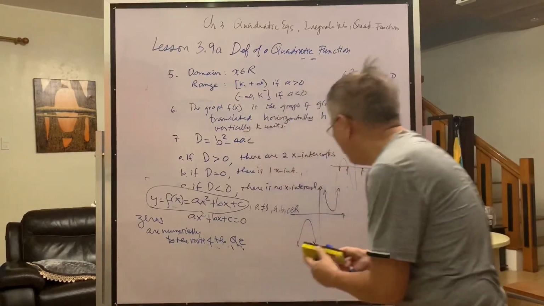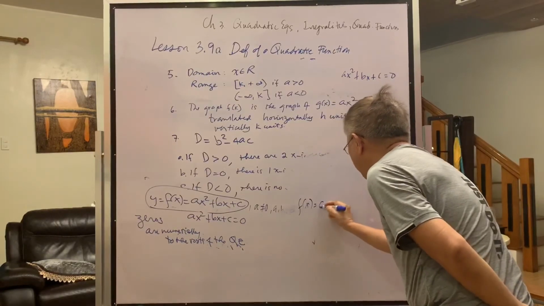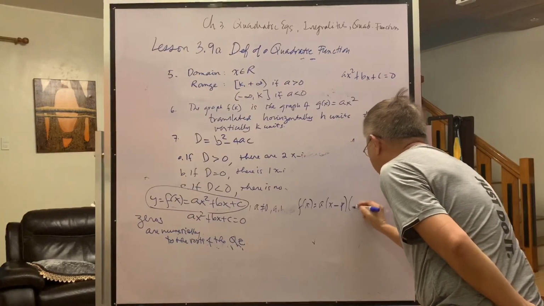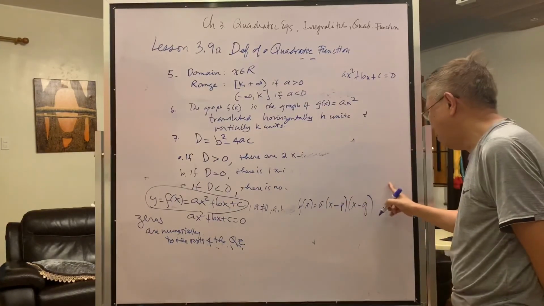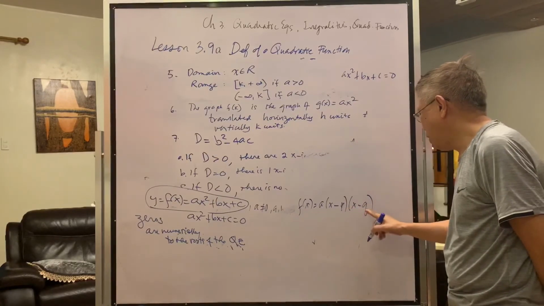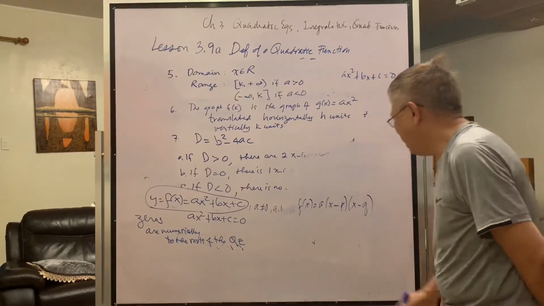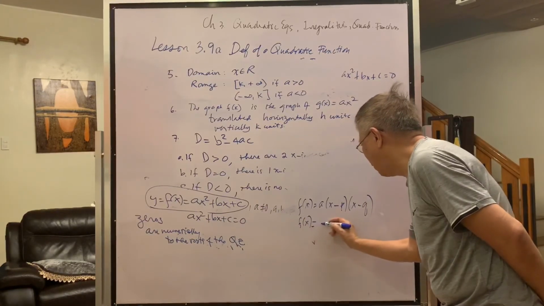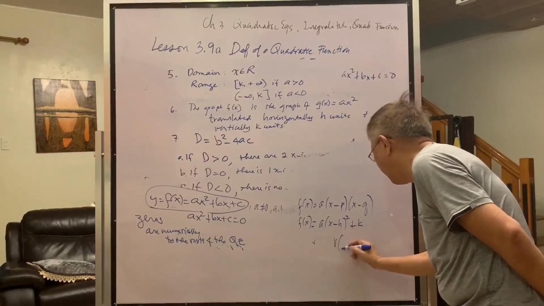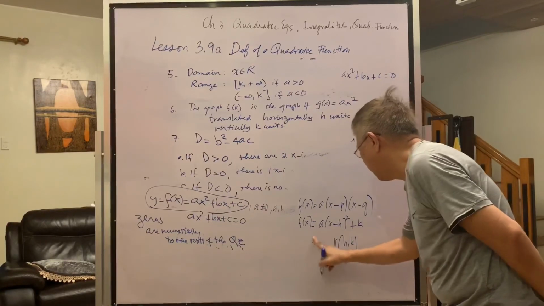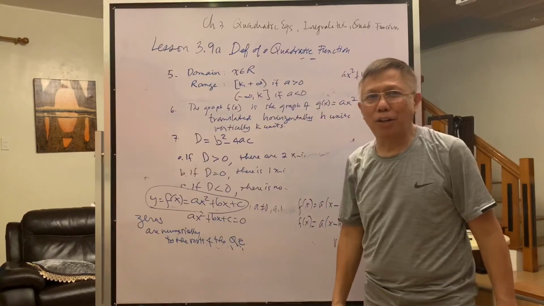The other form was the intercept form, where we can identify what makes the expression on the right equal to 0, which will be P and Q. They're actually the x-intercepts of the graph. And the last form that we have is this form here, where the vertex is at (h, k).